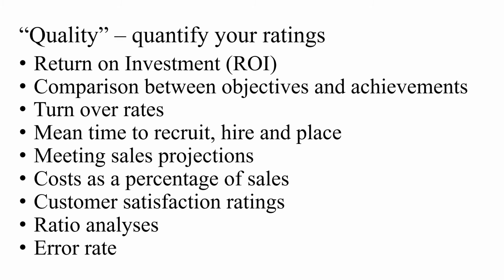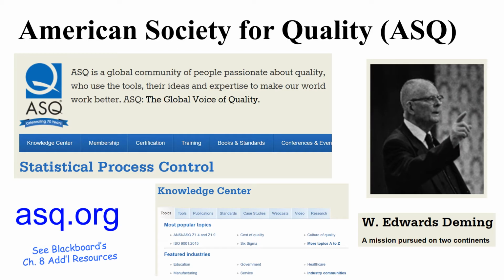You're taking your activities and quantifying them and then seeing if you can't do better each iteration. Want to learn more? Go right to the source, the American Society for Quality, or ASQ. You'll learn a lot about the founder of Total Quality Management, W. Edwards Deming, and his statistical process control methods. So the website is asq.org, and you'll find it in your Chapter 8 additional resources.